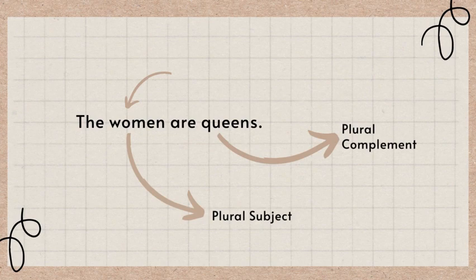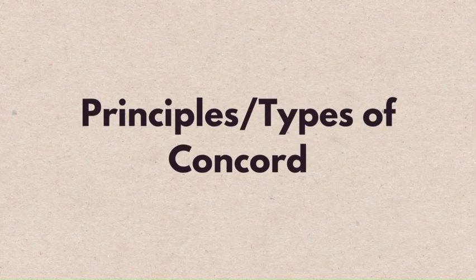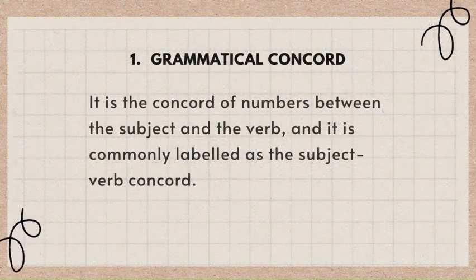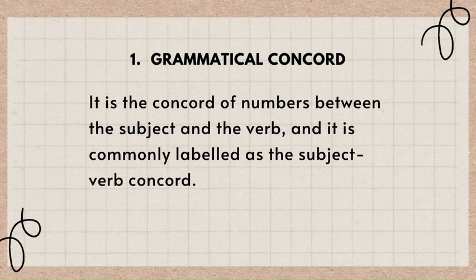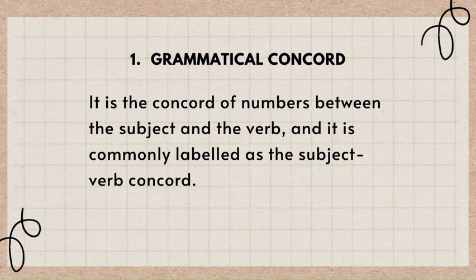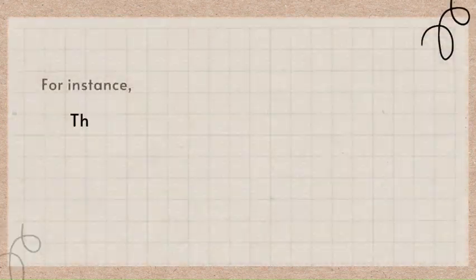Let's look at some principles or types of concord. The first one is the grammatical concord. It is a concord of number between the subject and the verb, and this is commonly labeled as the subject-verb concord. For instance, we have the lady is shy.